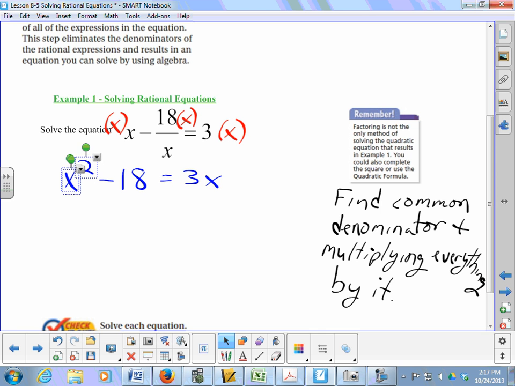So what do I do next to solve this equation? We have a quadratic equation now, right? An equation that has x squared. So that means we want to get everything on the same side, so hopefully we can factor to find our answer. So we're going to subtract 3x from both sides.